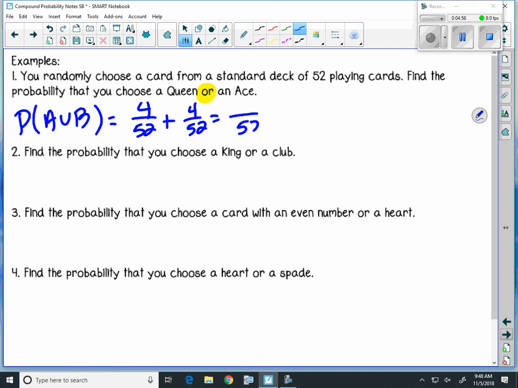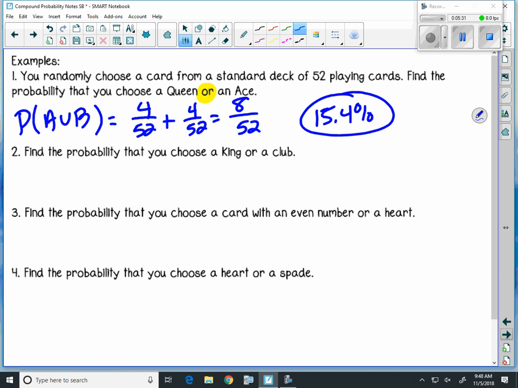Luckily those have the same denominator, so we can add them. So we'd have an 8 out of 52 probability. If we find the percentage, about 15.4%. So if you chose one card, there's a 15.4% chance that it would be a queen or an ace.